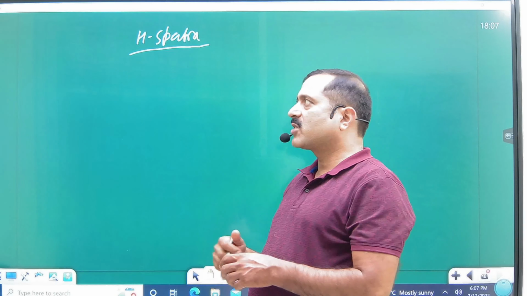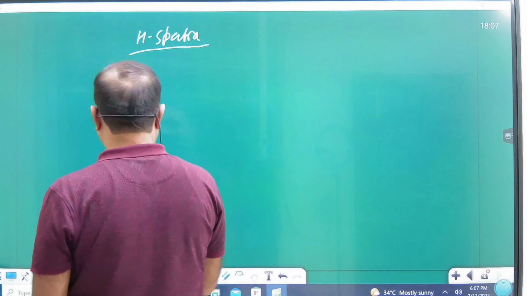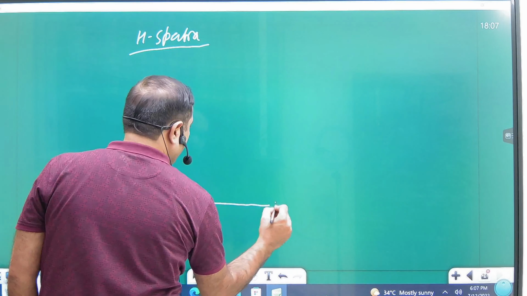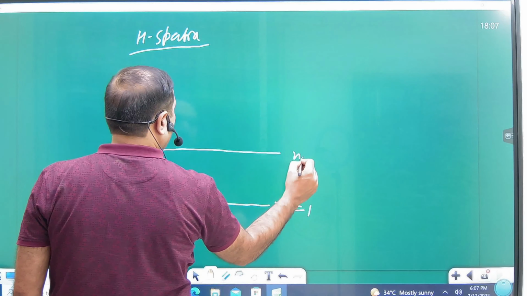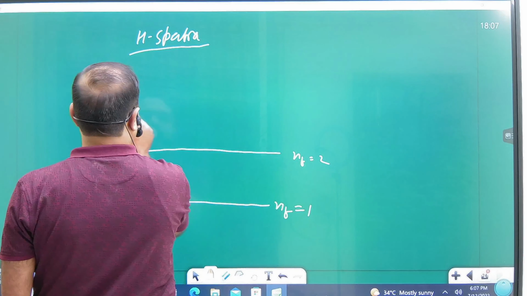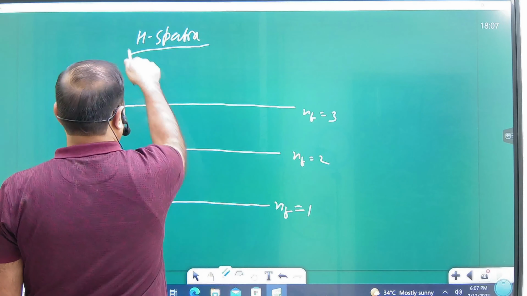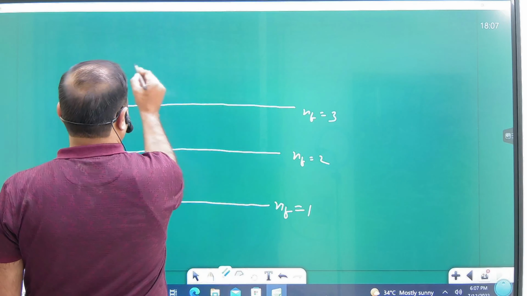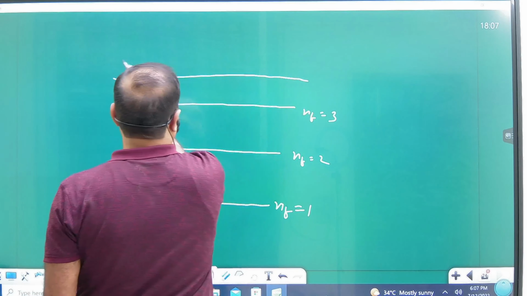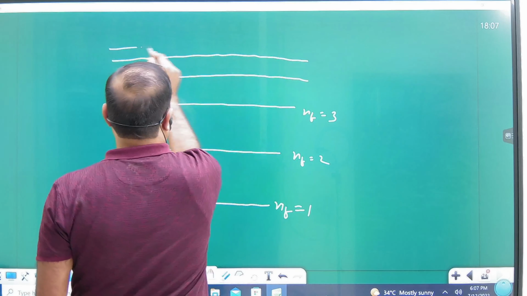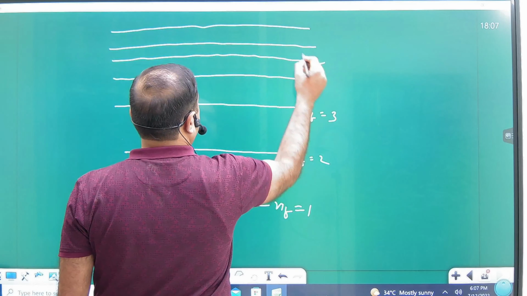So hydrogen spectra now can be memorized as if the electron finally jumps to 1, 2, 3, and so on, 4, 5, 6.